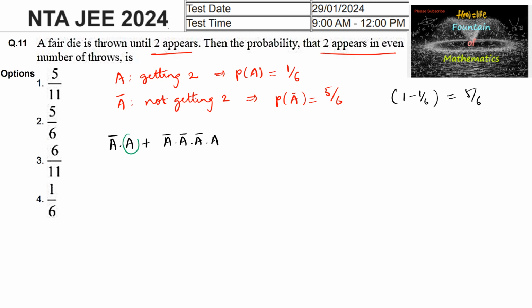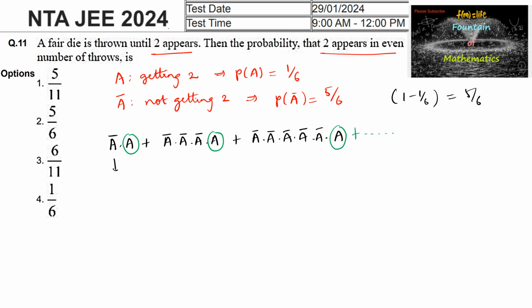So even positions, and again A bar five times, and on the sixth time you can get A, and so on, so that it continues.